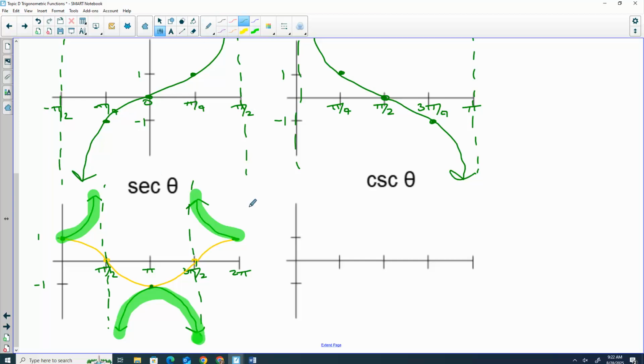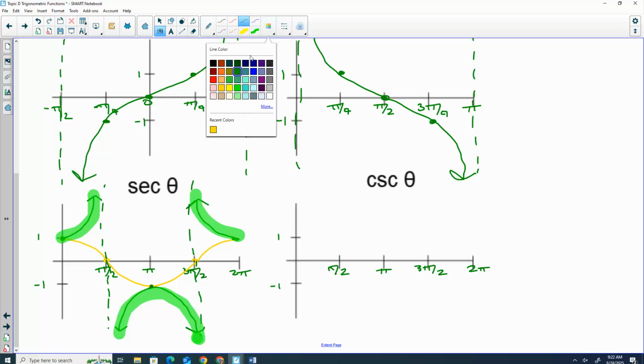And finally, cosecant, the reciprocal of sine. So if you think about the sine graph for a moment, sine 0 is 0, sine pi over 2 is 1, 0, negative 1, 0.